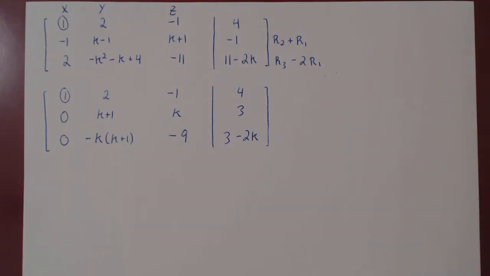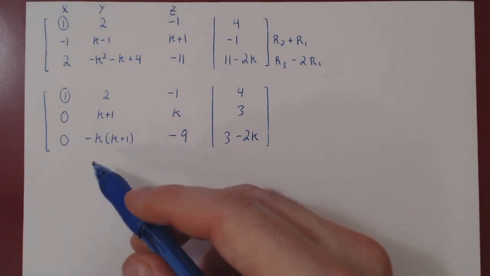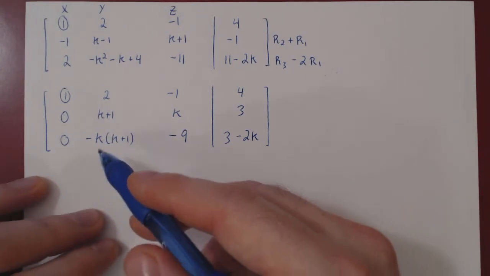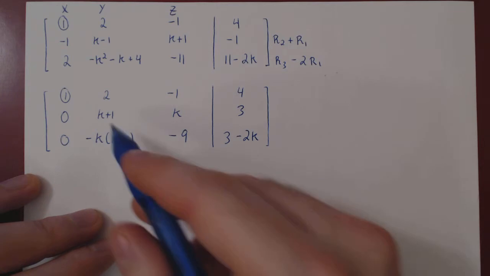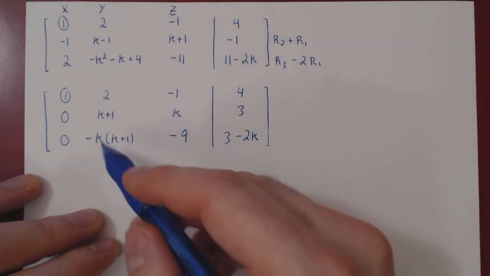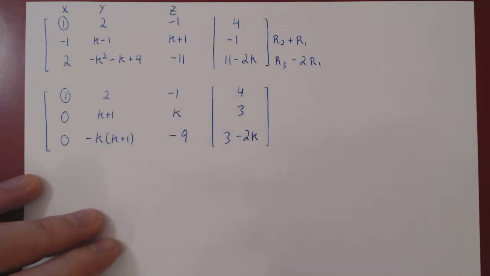And we can never divide by an expression that contains a value of k, as we have just seen, they are potentially 0. So all we'll do is be satisfied with not a leading 1, but a potential leading 1. We'll keep the k plus 1 there as it is the simplest of the two, and we'll use it to kill this entry.